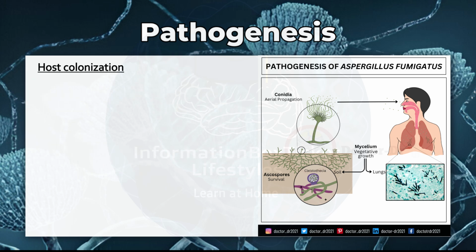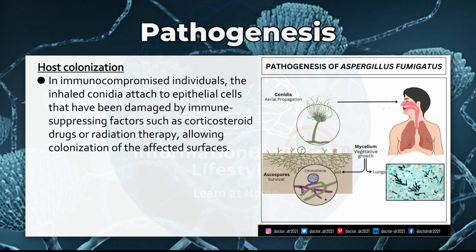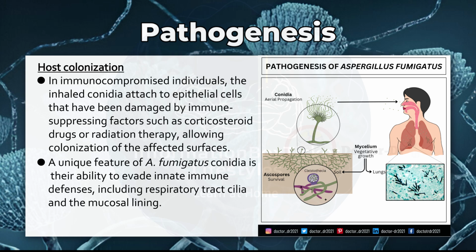Host colonization. In immunocompromised individuals, the inhaled conidia attach to epithelial cells that have been damaged by immune-suppressing factors such as corticosteroid drugs or radiation therapy, allowing colonization of the affected surfaces. A unique feature of A. fumigatus conidia is their ability to evade innate immune defenses, including respiratory tract cilia and the mucosal lining.